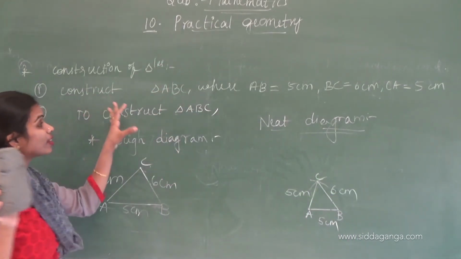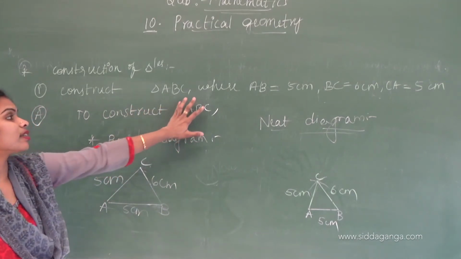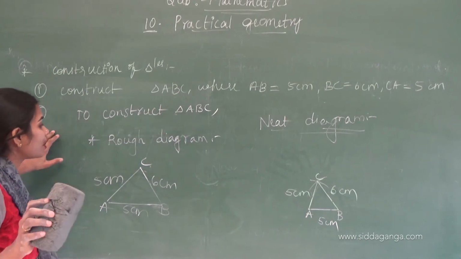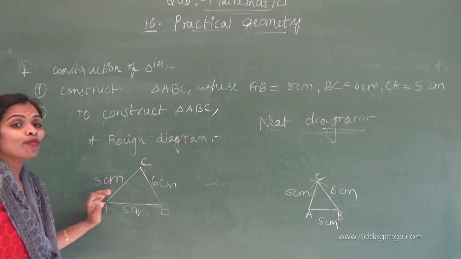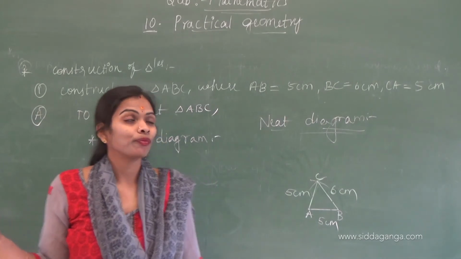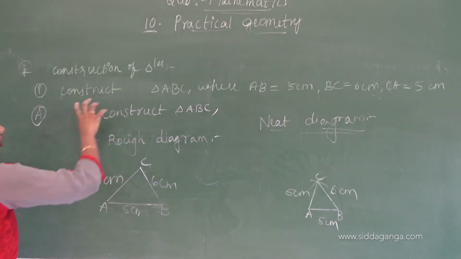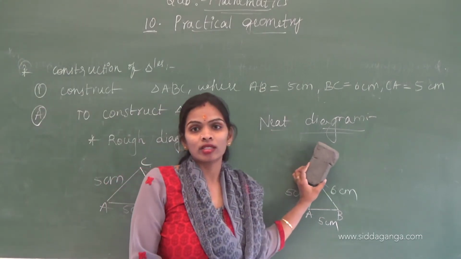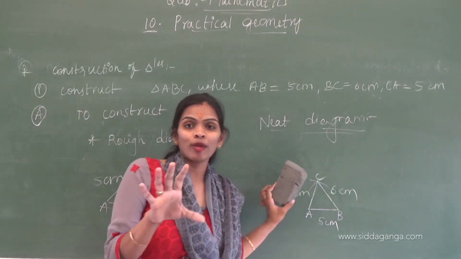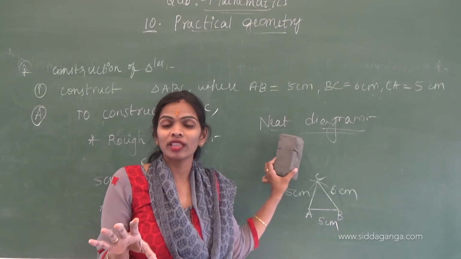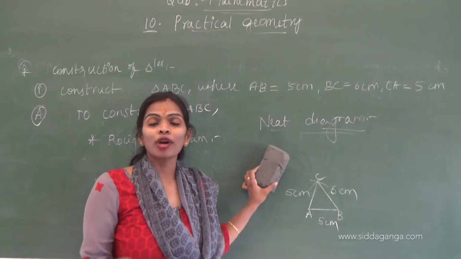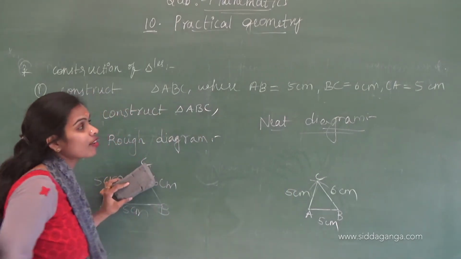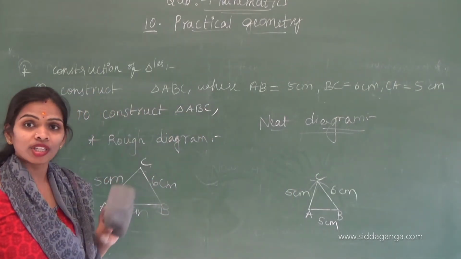Whatever they have given, first you write to construct the triangle with those measurements, and then the rough diagram and then the neat diagram. For a 5 mark question, 3 marks will be there for these steps. If I give it for 4 marks, 2 marks will be there for this step, 1 mark for this step and 1 mark for that step.